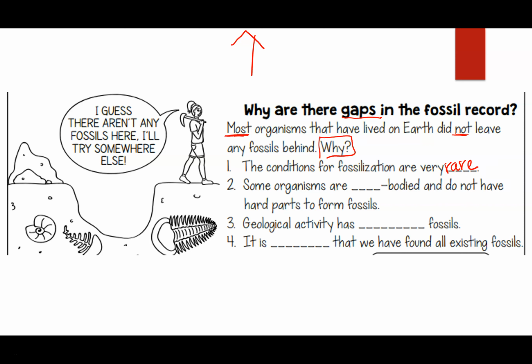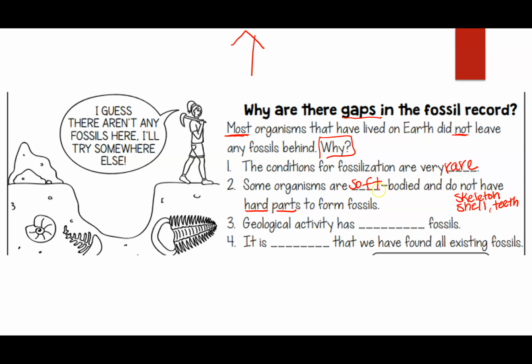Number 2, some organisms are soft-bodied and do not have hard parts to form fossils. So this is one of the key conditions that you have to have. You have to have hard parts like a skeleton. So you have to have bones, or you have to have a shell, or you have to have teeth, or you have to have some kind of hard surface in order for there to be a fossil.